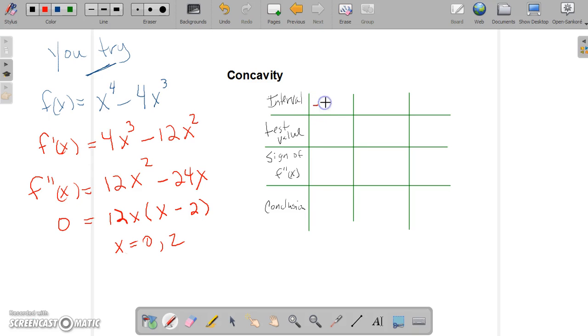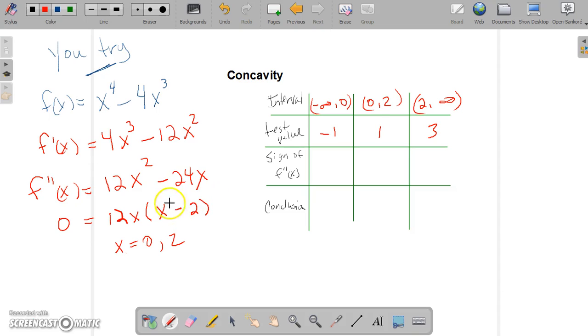So our intervals would be negative infinity to 0, 0 to 2, and then 2 to infinity. We need to pick our test values. Pick negative 1, 1, and 3. Always pick easy numbers. I'm going to test these values in our second derivative.